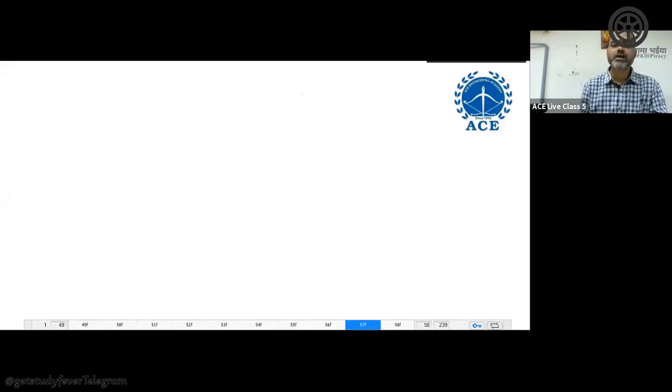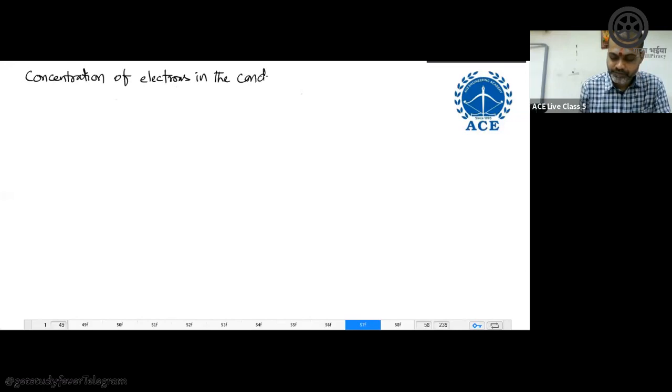Now let us consider it. We'll try to find the concentration of electrons in the conduction band. Let me write that. Concentration of electrons in the conduction band.